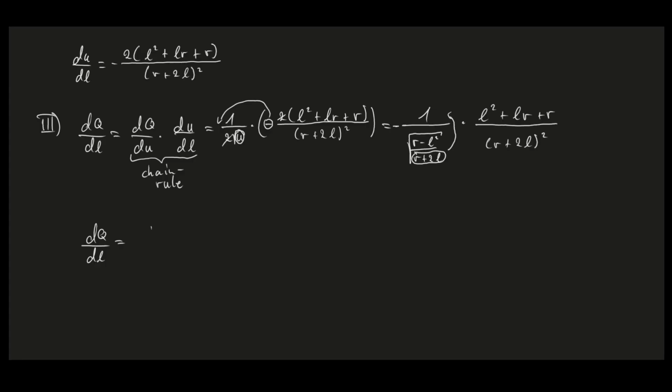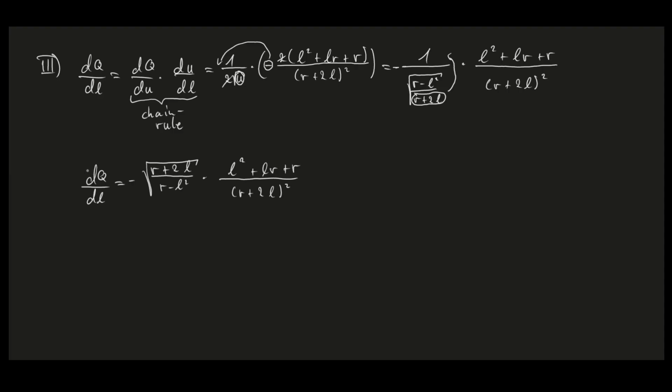What we get is the negative of r plus 2l, over the square root of r minus l squared over r plus 2l, times l squared plus lr over r plus 2l raised to the power of 2. So this is our final answer to this equation.